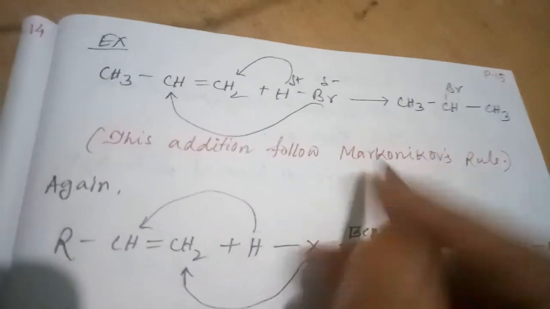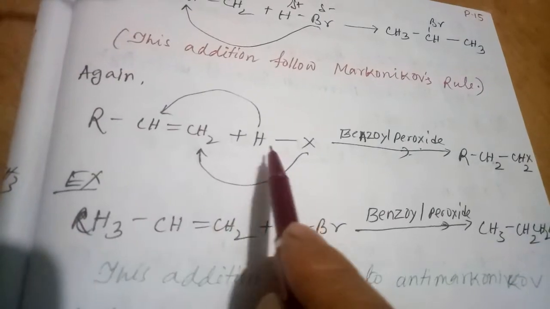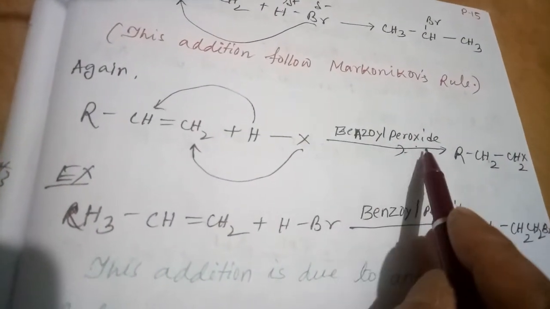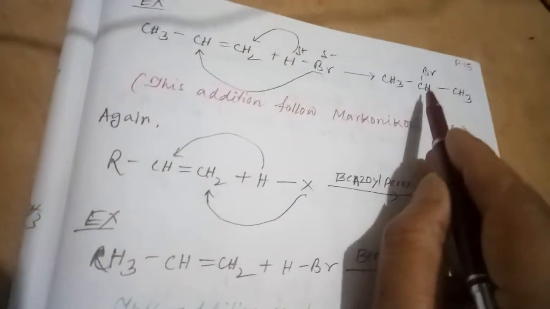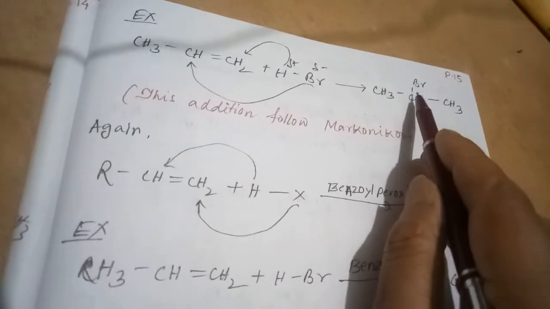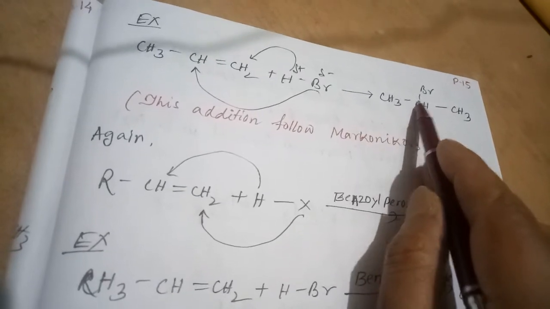The other one is the peroxide effect. This reaction is the same, with the unsymmetrical alkene. Whenever a peroxide, hydrogen peroxide or benzoyl peroxide, is used here, the product will be the reverse of that. Here you see that the halogen is added to the carbon where the lesser number of hydrogens is present in the Markovnikov case.